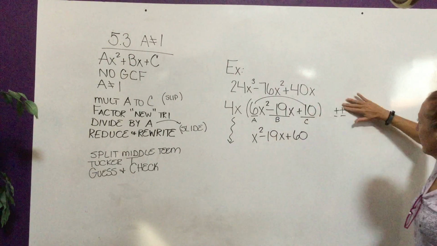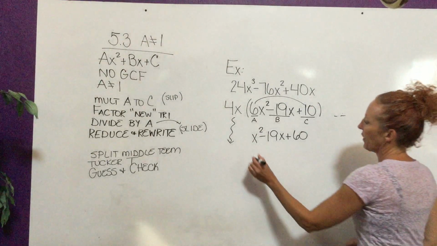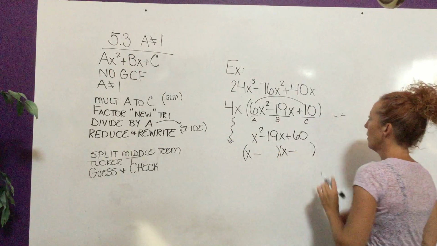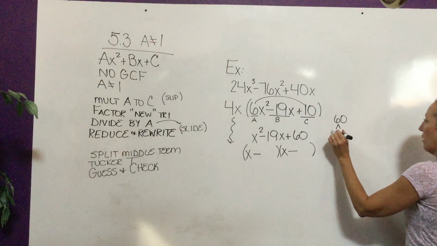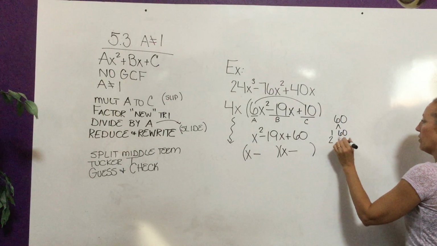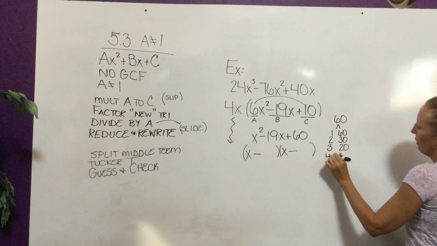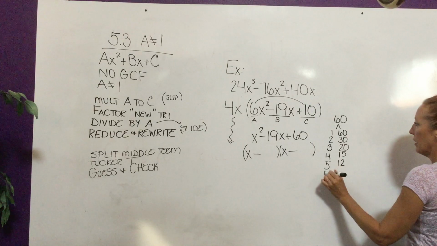And since that one's negative, you know that you're adding your 2 numbers, but both your factors are going to be negative. Now let's list the factors of 60. We have 1 and 60, 2 and 30, 3 and 20, 4 and 15, 5 and 12, 6 and 10.